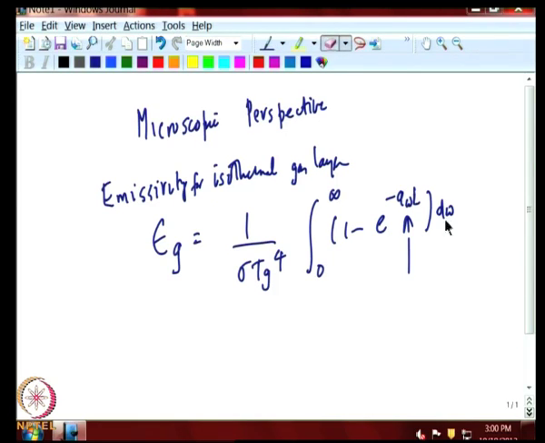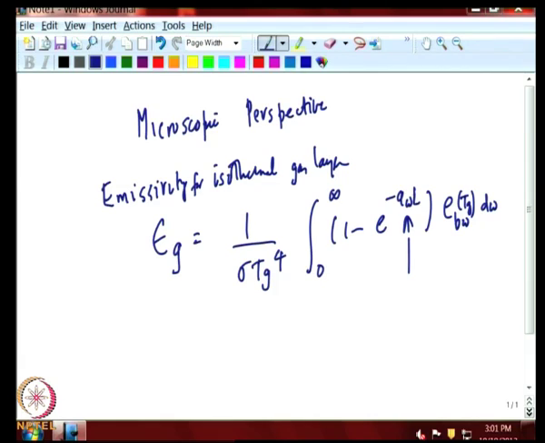Now, remember that we have to have E b omega, that I forgot, and this E b omega is with T g, gas temperature.